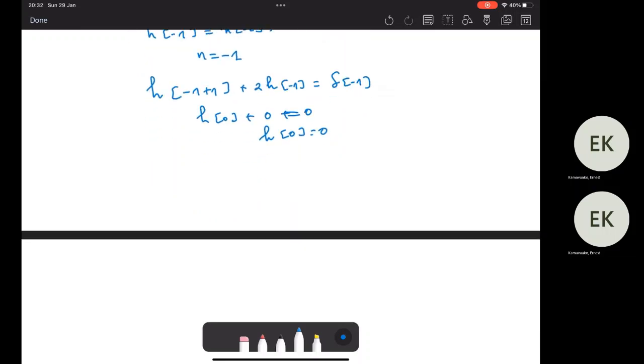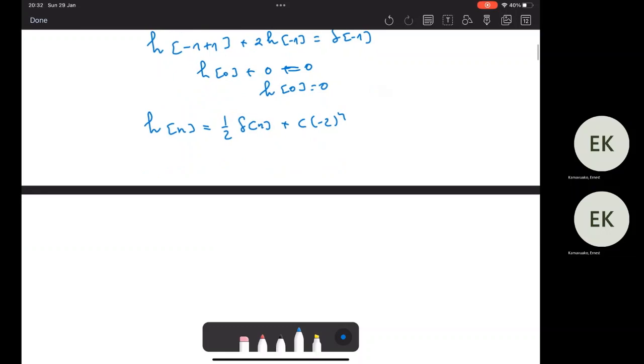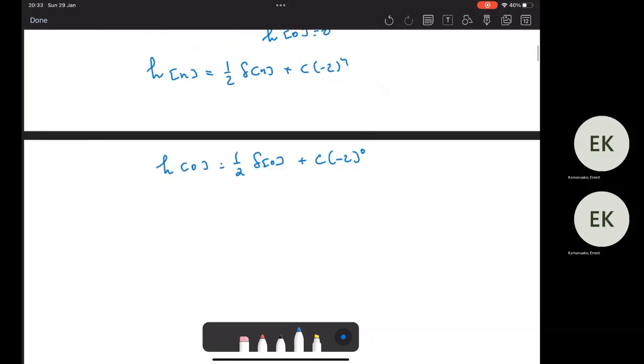And then we can replace it in our equation h[n] equal to 1/2 delta[n] plus C (-2)^n by replacing n with 0. That gives us 1/2 delta[0] plus C (-2)^0.